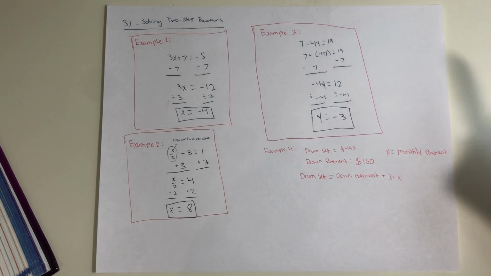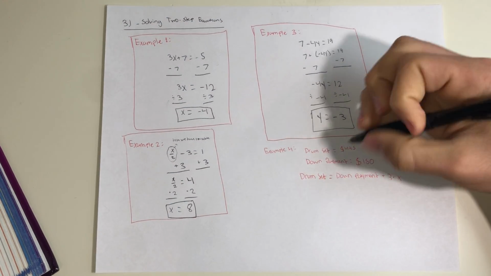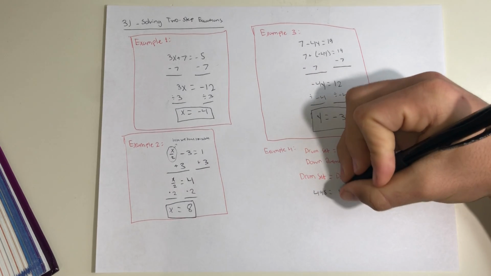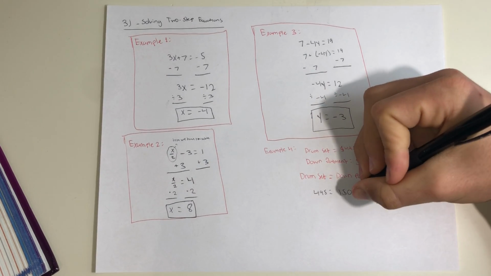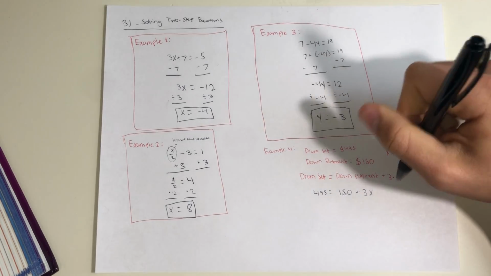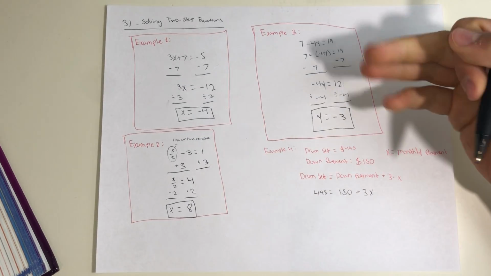Then we apply everything we know. The drum set is $495, so $495 equals the down payment, which is $150, plus 3 times x. This is our equation. Now we have to solve for x, which is the monthly payment that you make 3 times.